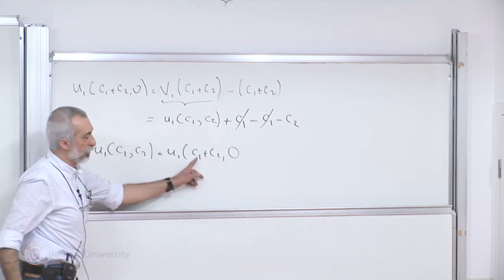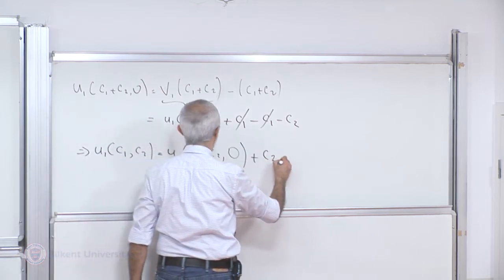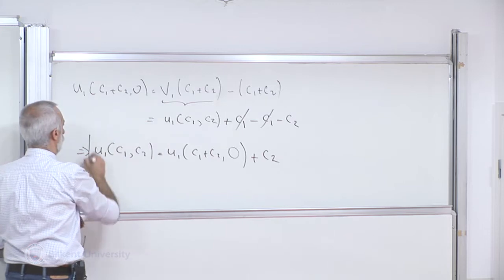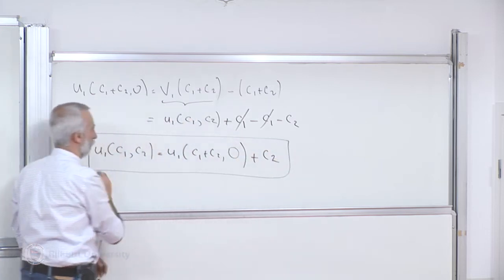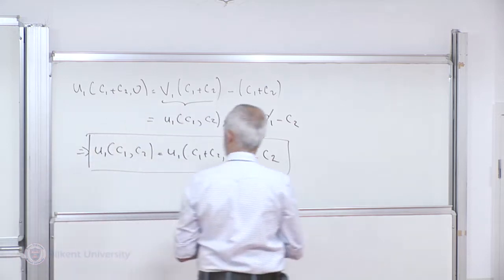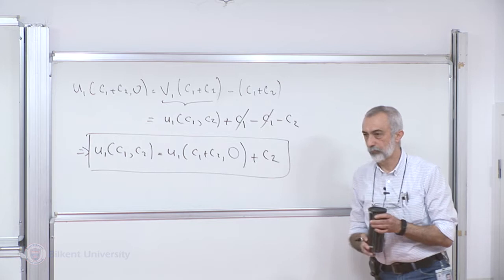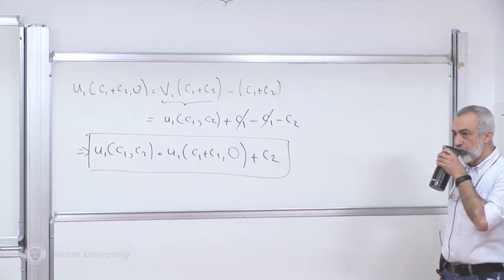Agent 1 contributes C1 plus C2, agent 2 contributes nothing, plus C2. Okay, so that's what we had last lecture. Okay, so far so good?